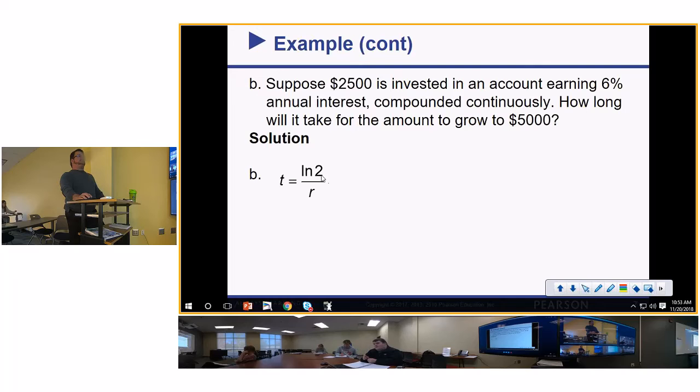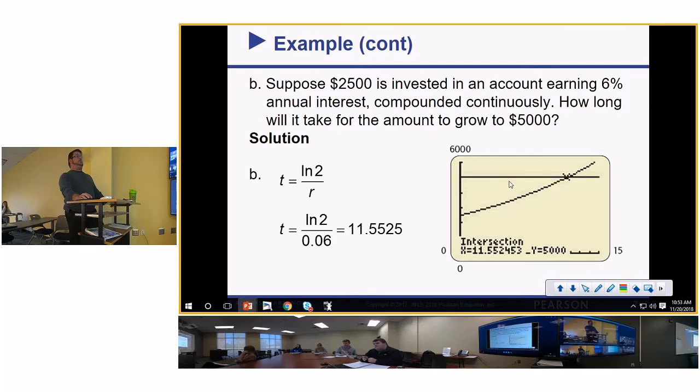Natural log of 2, so they're basically going to have to turn it back into, there's your T, so 11 point, okay, that's what they're trying to find, 11. So it's going to take 12 years. No, this is B, I thought this was a different question, I'm sorry. So B to this question is, it will take you 11 years for 2,500 to grow to 5,000.